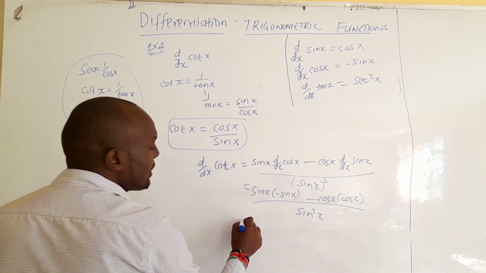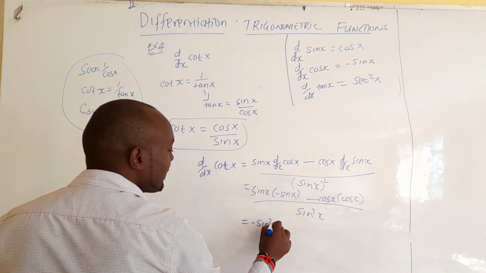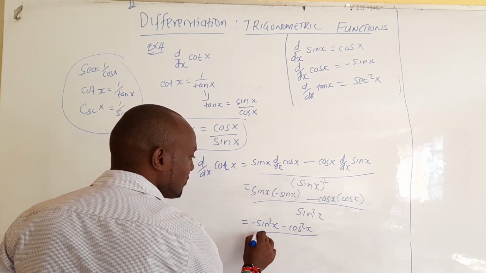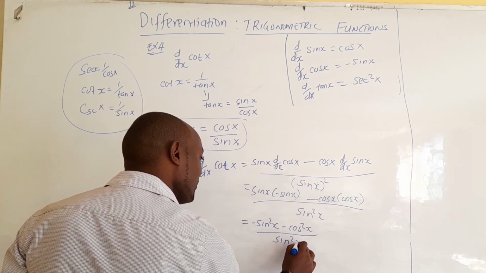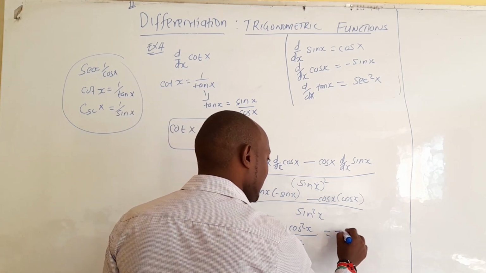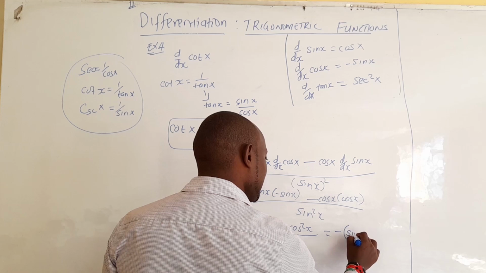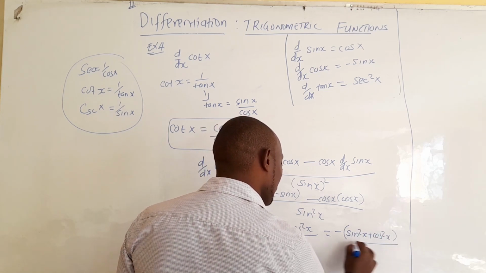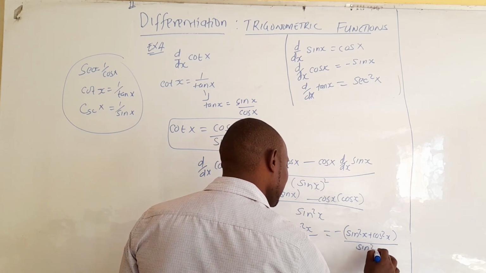So this one, you get negative of sin squared of x plus cos squared of x all over sin squared of x.